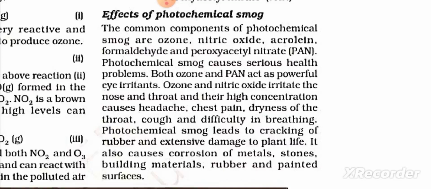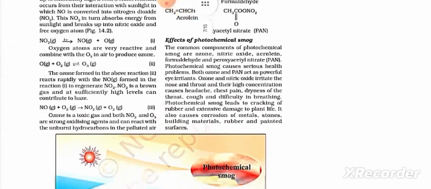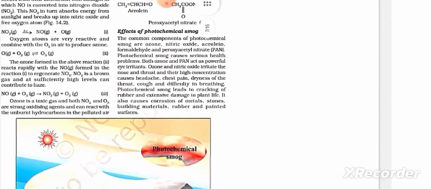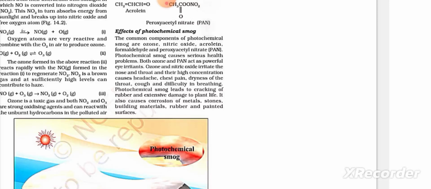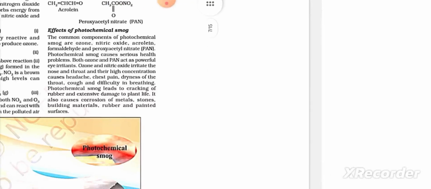Ozone and nitric oxide irritate the nose and throat, and at higher concentrations cause headache, chest pain, dryness of throat, cough, and difficulty in breathing. Photochemical smog leads to cracking of rubber and extensively damages plant life. It also causes corrosion of metals, stones, building materials, rubbers, painted surfaces, etc.